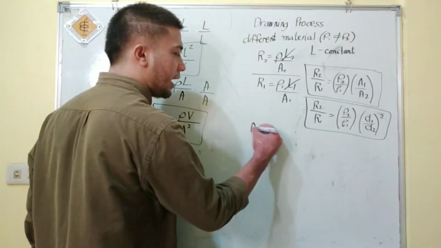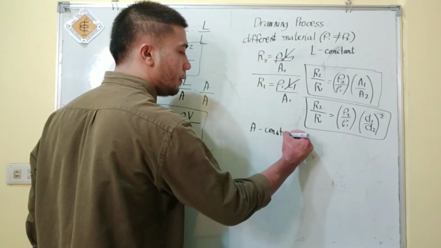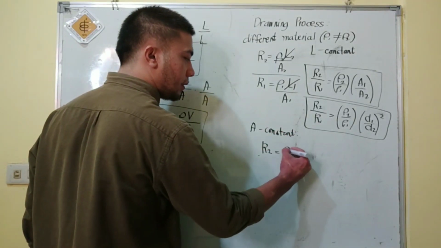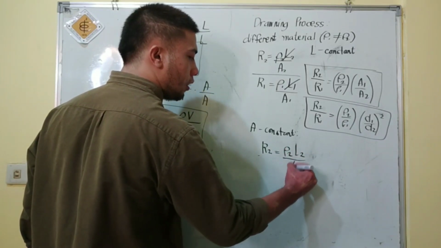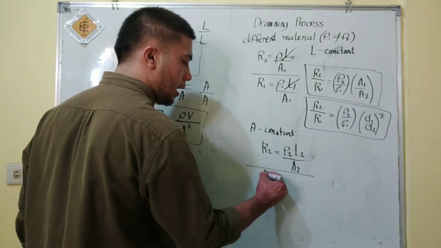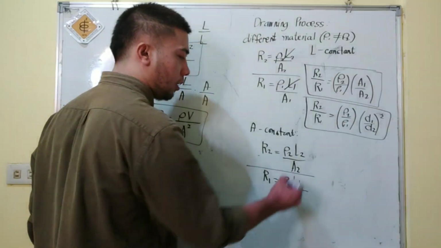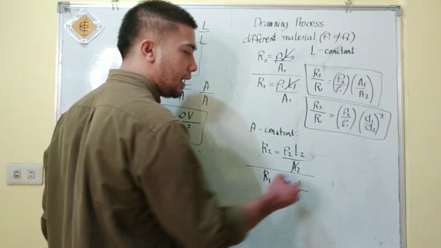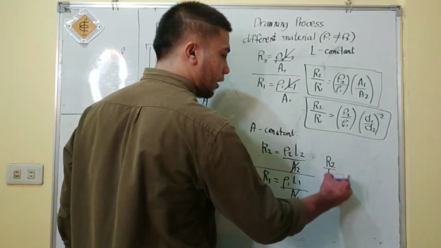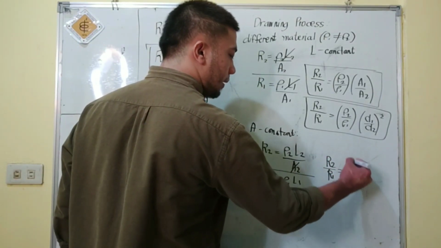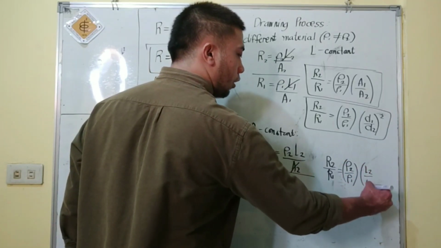What about if the area is constant? Let's derive again. R2 is equal to rho 2 L2 over A2, over R1 equal to rho 1 L1 over A1. Area is constant. Therefore, we have the formula R2 over R1 is equal to rho 2 over rho 1 times L2 over L1.